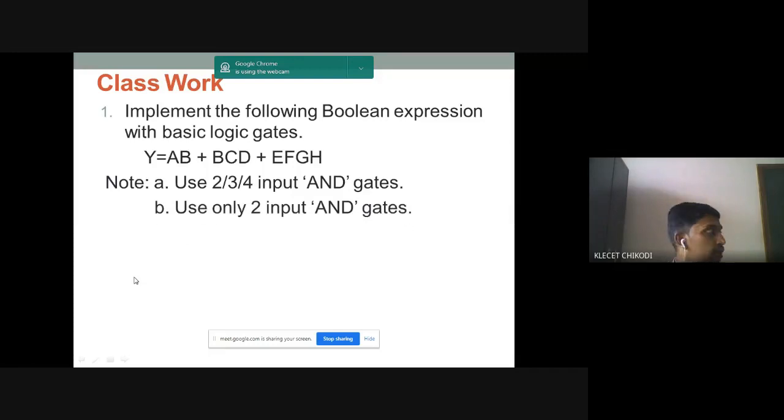And what you have to do next is, you have to use only 2 input AND gates. So in the previous case, you have no restriction on the inputs of the AND gates, and you have to draw the circuit. Fine. In the second case, we have a restriction on the AND gates. That is, we have to use only 2 input AND gates, and you have to draw the circuit here. Fine.